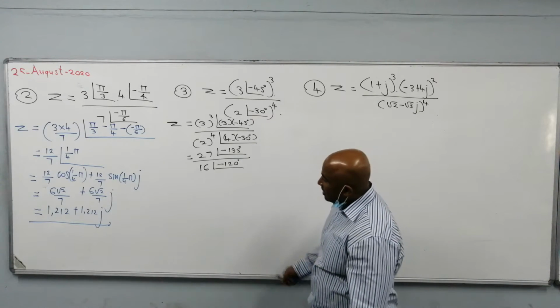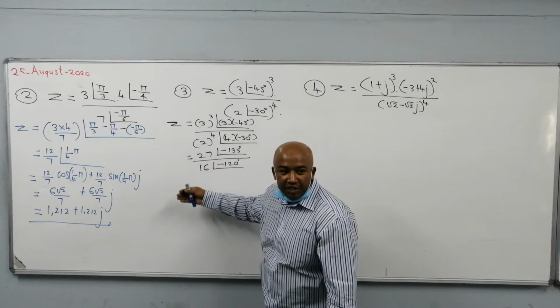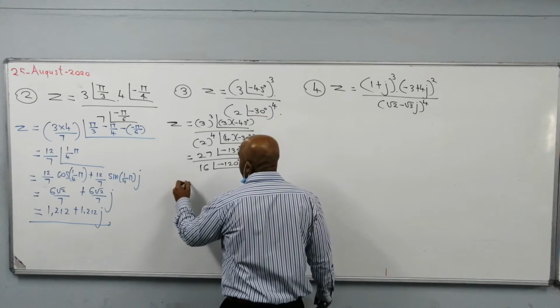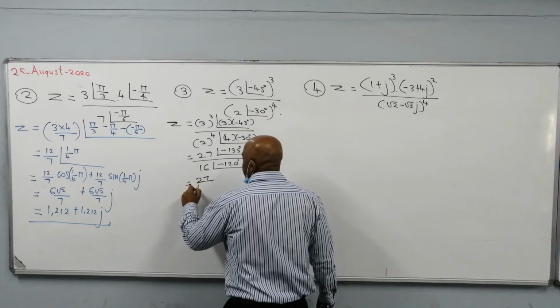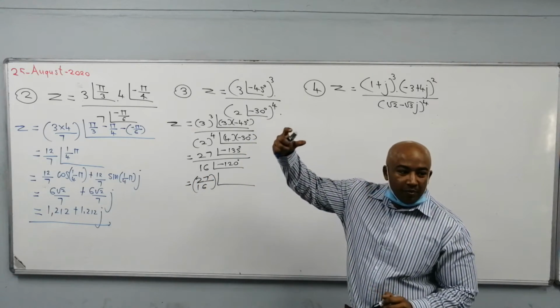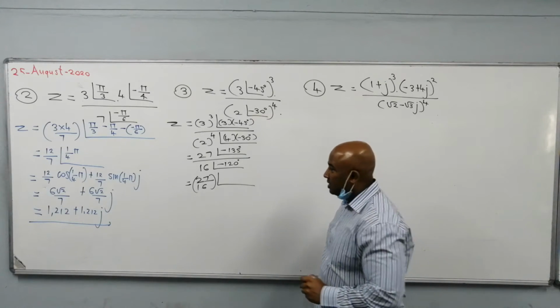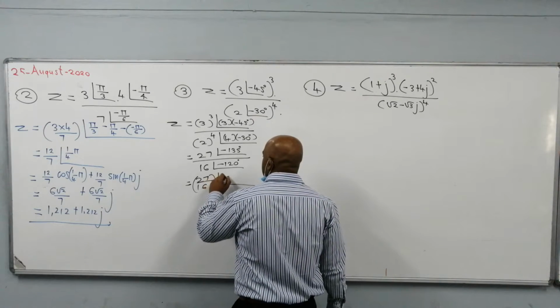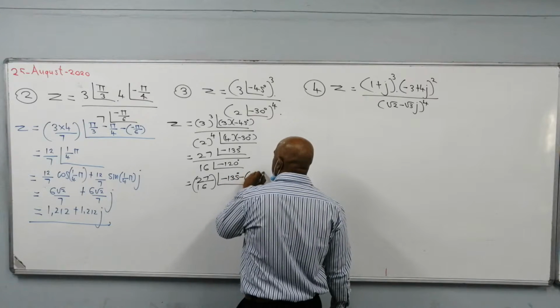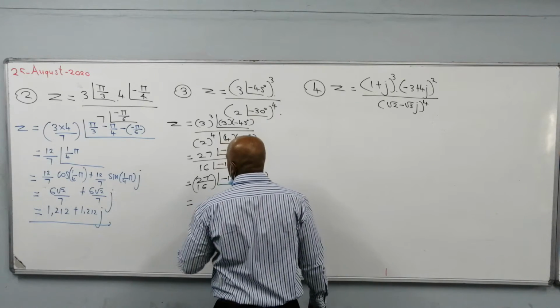Now, it's a simple division in polar form problem. So then we have 27 divided by 16. And now we have top angle subtract the bottom angle. So that's going to be minus 135 degrees minus 120 degrees.